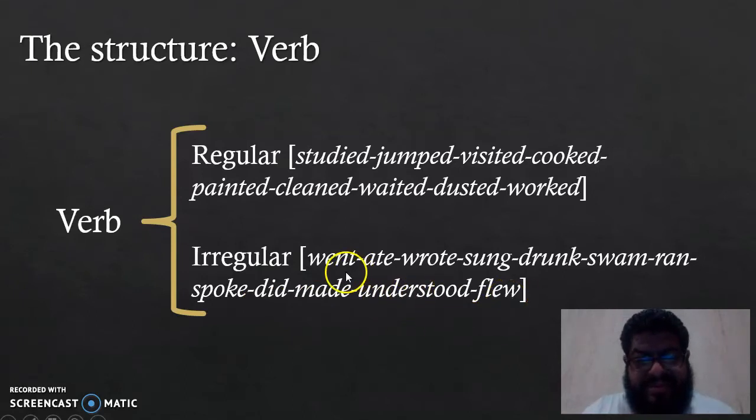I repeat: went, ate, wrote, sung, drank, swam, ran, spoke, did, made, understood, flew. I know, the most difficult verbs to learn are the irregular verbs, but don't worry, it's all a matter of practice. Okay? Well, let's continue.